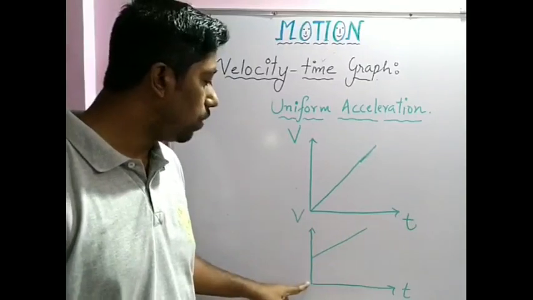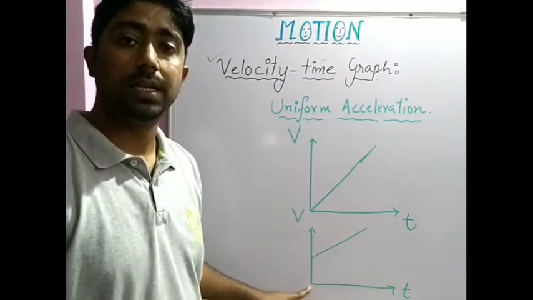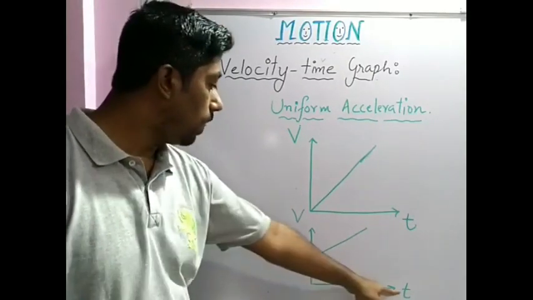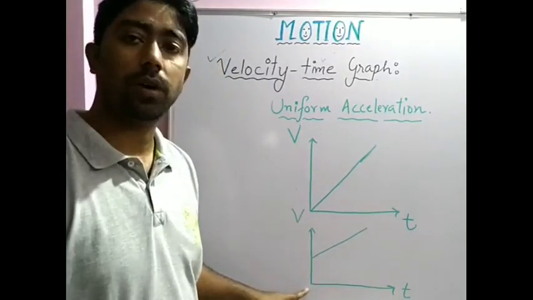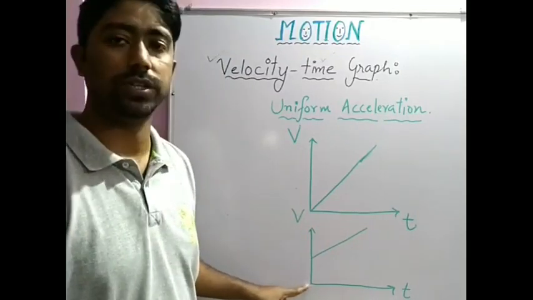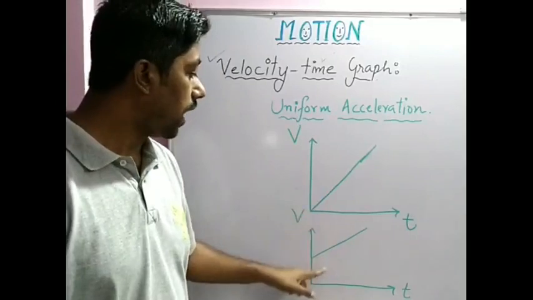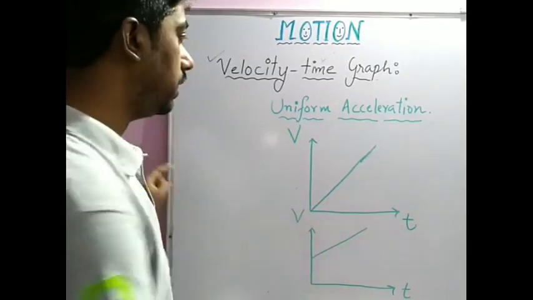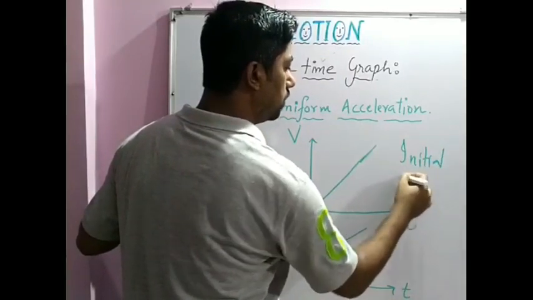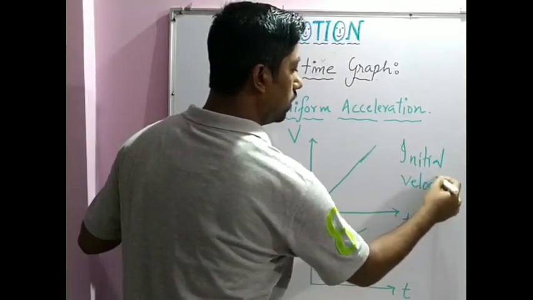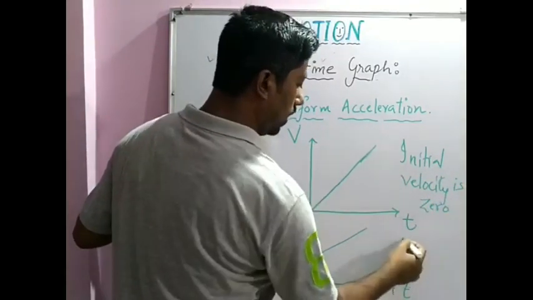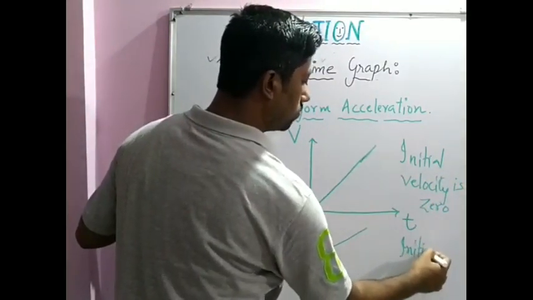In this case, when t equal to 0, the body has some initial velocity, and hence the graph is not starting from the origin. So for this graph the initial velocity is 0, and here the initial velocity is non-zero.